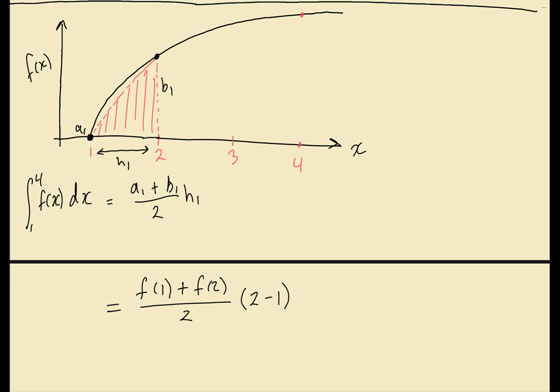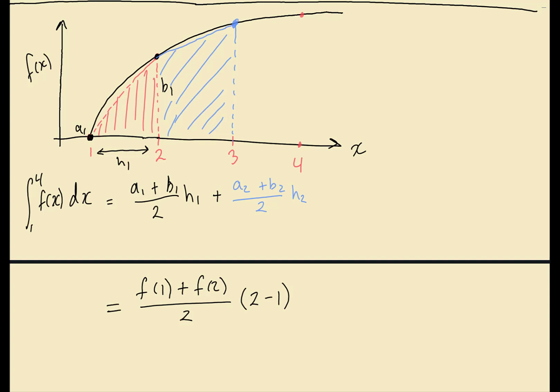The next segment, this segment here, we have a point, we draw a straight line, and then we're approximating using this area here. So this is going to be plus (a2 plus b2) divided by 2 times h2.